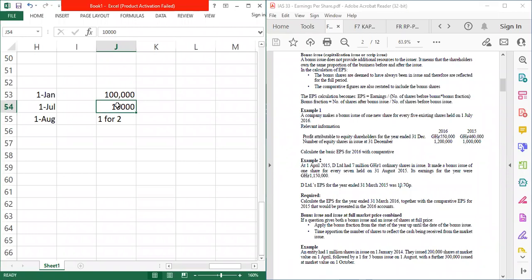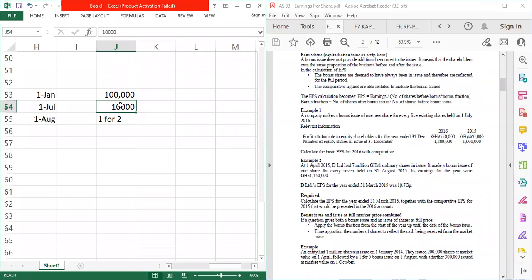But the one that we issue in July 2016, when are they going to start getting the bonus issue? Six months' time. They will take it from six months. So although we say bonus issue is not time apportioned, when a full market price issue was made before the bonus issue, the bonus issue on the new issue will take effect from the time those new shares were issued.